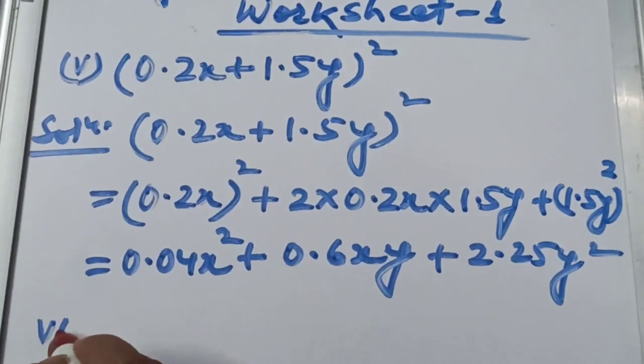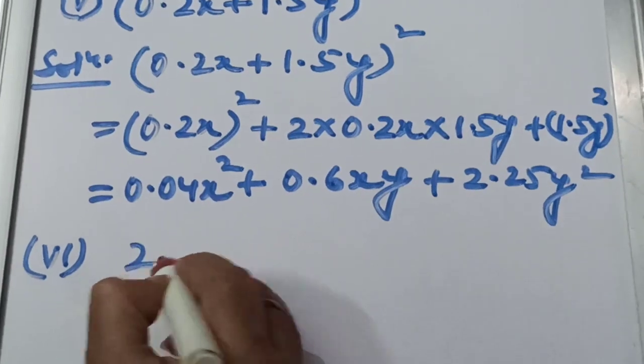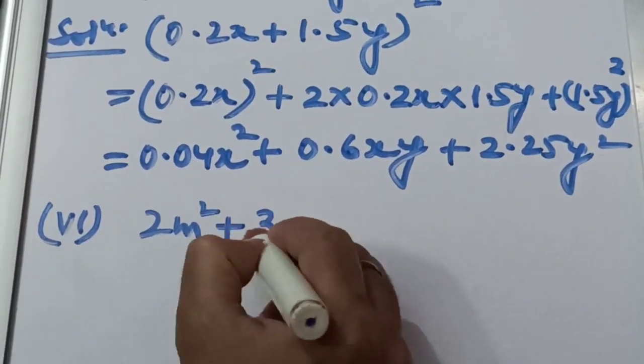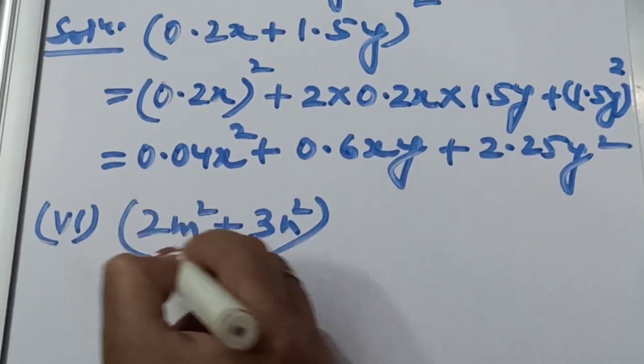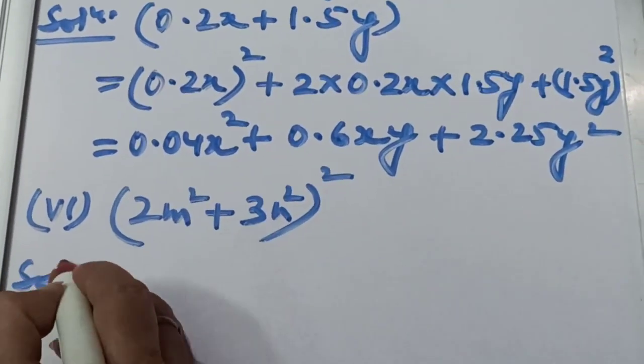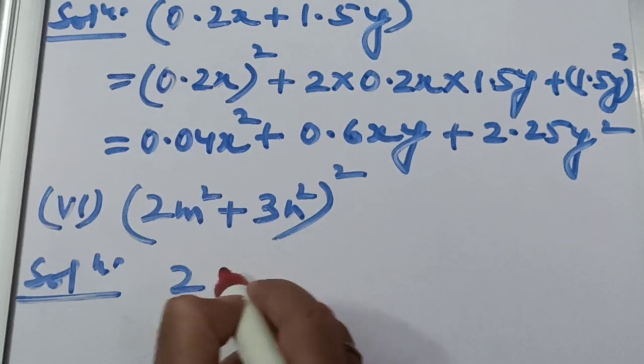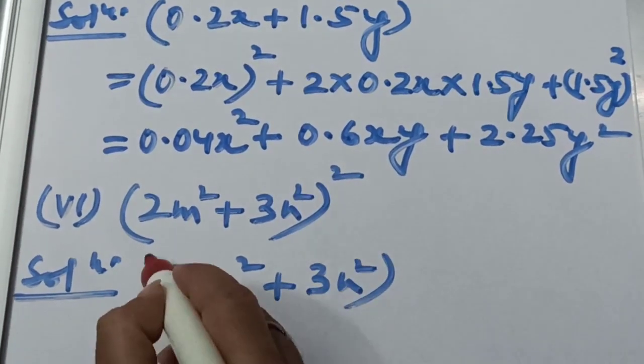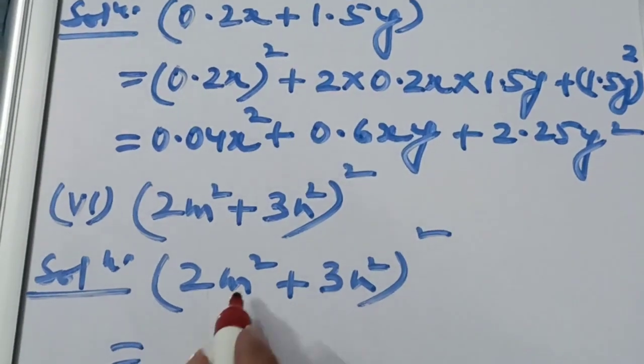Next question, question number 6: (2m square plus 3n square) whole square.